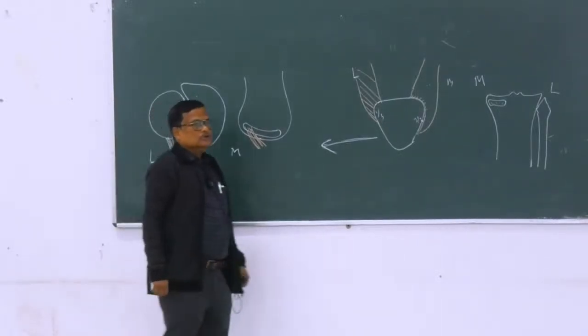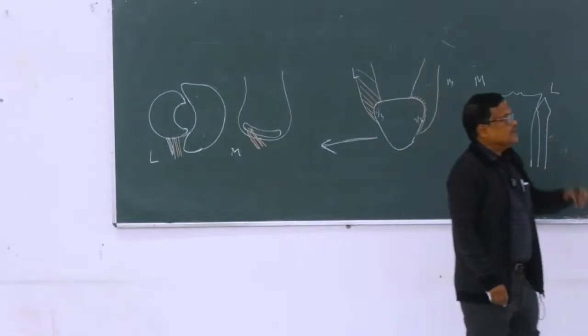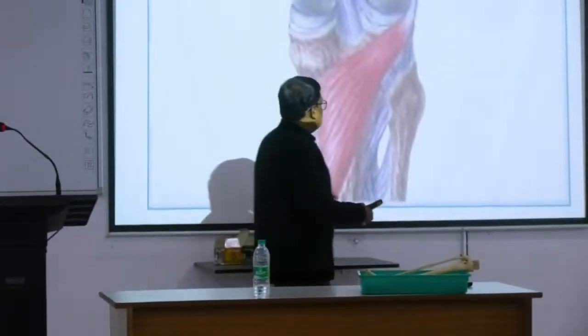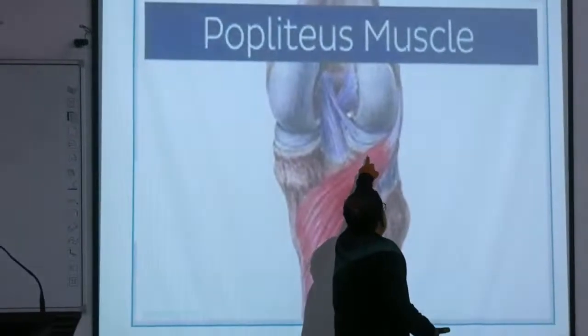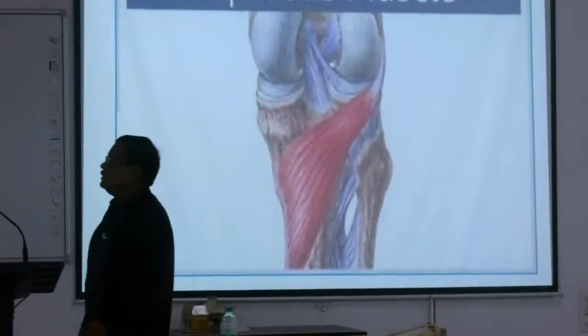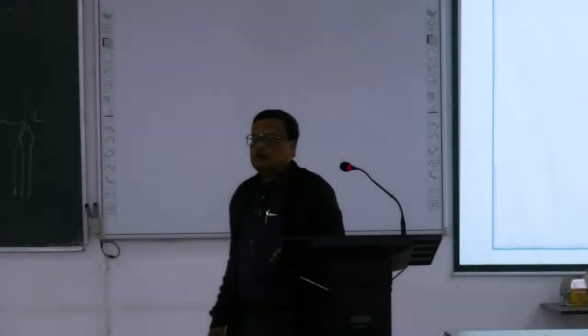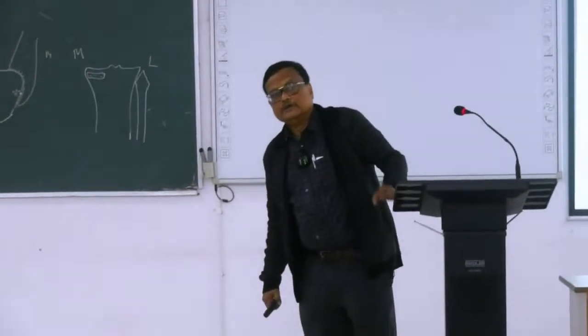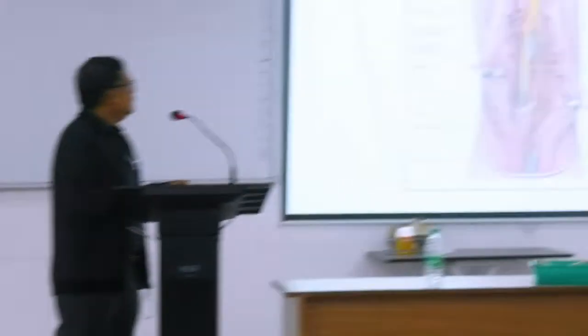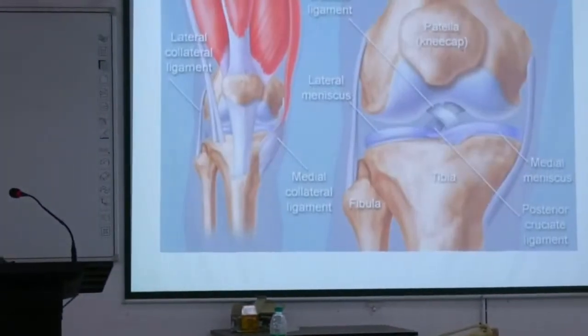So some fibers of the popliteus muscle, while coming down through here, are attached to the posterior horn of the lateral meniscus of the knee joint. Remember this, never forget it. So popliteus is very important.